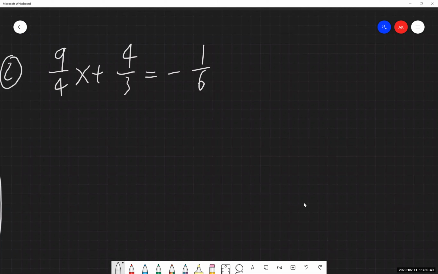So we need to find the lowest common denominator between all of our fractions that show up in this problem. And again, our lowest common denominator is the same as saying, what is the lowest common multiple between all 3 of the denominators that we have here? And in this case, the smallest number that 4, 3, and 6 all multiply into is going to be 12.